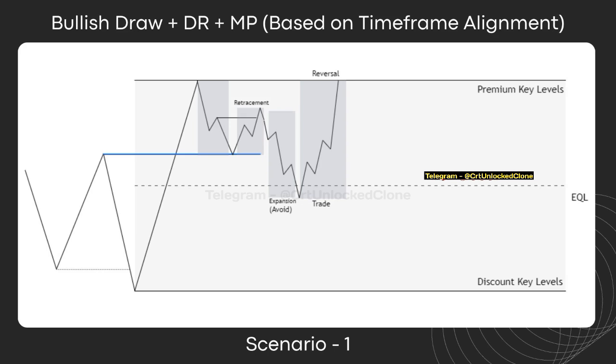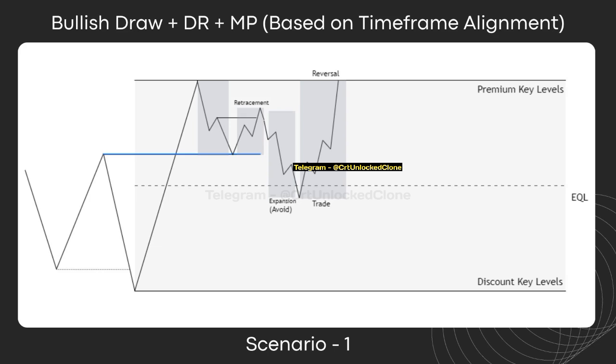So let's say another time you are dealing with a bullish market structure, you've seen a bullish dealing range, and you've got a key level inside the premium. Now you're going to be cautious around that key level, because you know that price is most likely going to retrace to a discount key level before it can move higher. But we also had this premium key level, so you're going to be wondering what price will do at this key level.